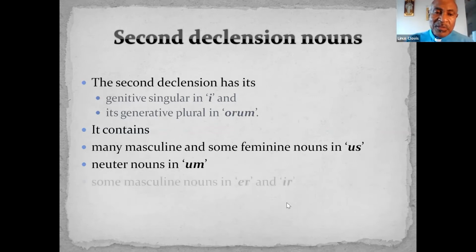Don't fret about it. We'll recognize it as we proceed. Some masculine nouns, however, end in ER and IR. So we're going to be dealing with masculine, a few feminine, and some neuter, and then some variations in the masculine. So in the masculine, you can have US or ER and IR.